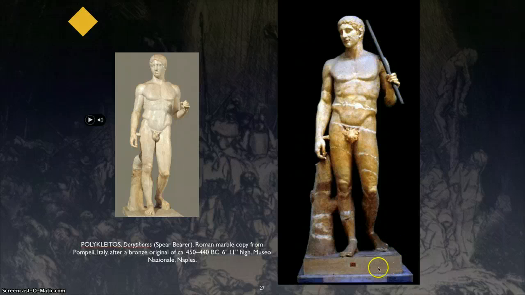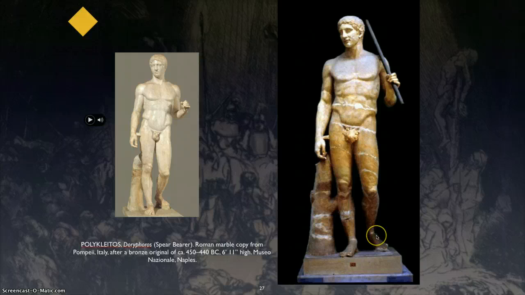Okay? And the most important thing is, look right here at the bottom, he's pushing off. So he isn't just standing there like the Critias boy, but he's actually in the very first moment of stepping. That toe is moving against the ground.